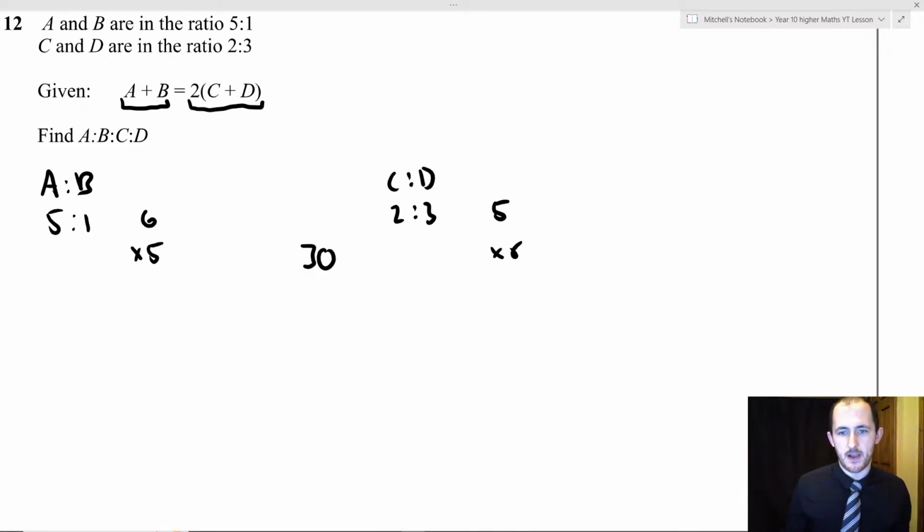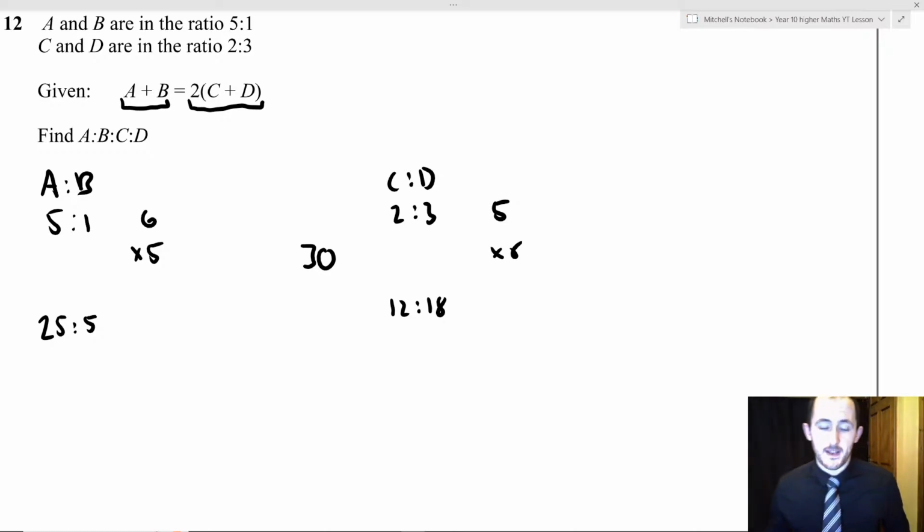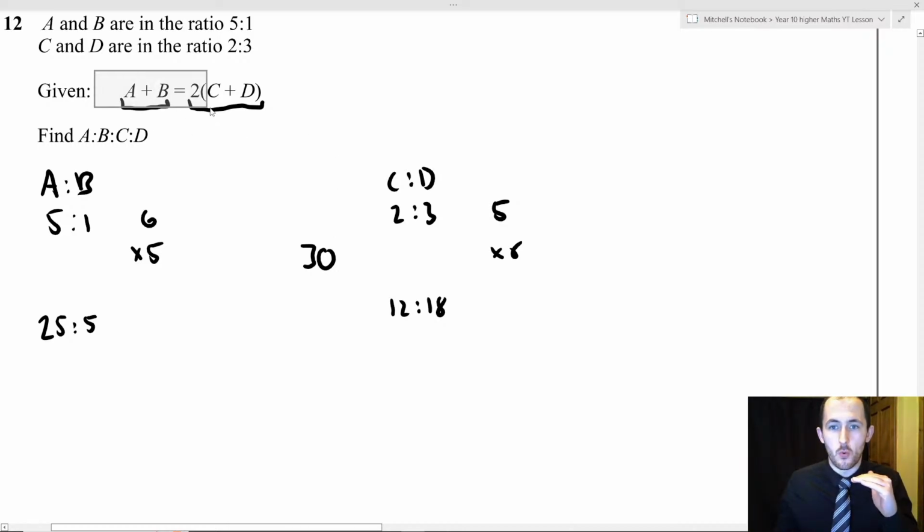So my A to B now is going to be 25 to 5. The reason for that is what we're going to do is we know that 2 times the number of parts here. Yes, that's exactly right. We take the lowest common multiple so we can split them properly, because we need to be able to divide all of the parts into it.